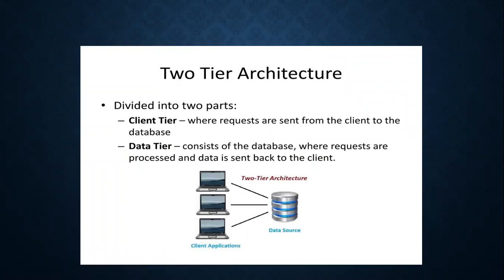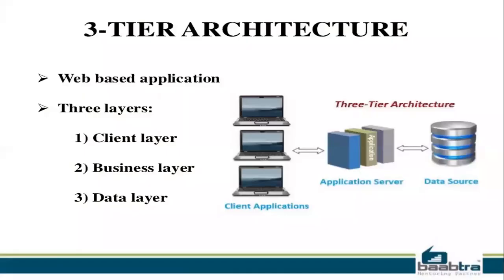And coming to two tier, it is client and data, we can say client and server. Here in two tier, the drawback is that we send the request directly from the client to the database, and the response comes directly from the database. Three tier means three layers: client, business and data.